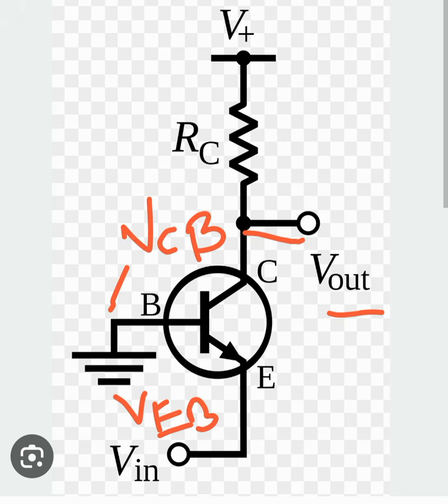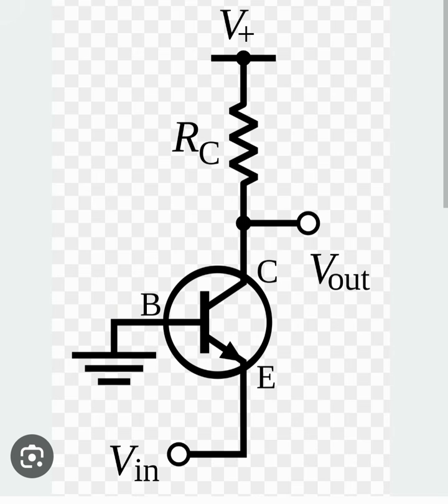So here the base is seen to be common between an input and an output, that is between emitter and the collector, base is common. So such circuit configuration is called the common base configuration of the transistor.